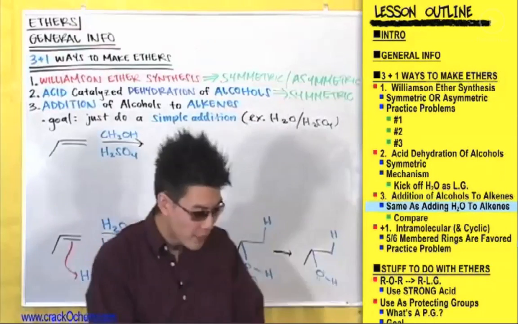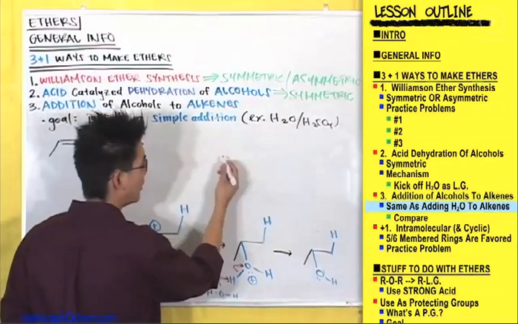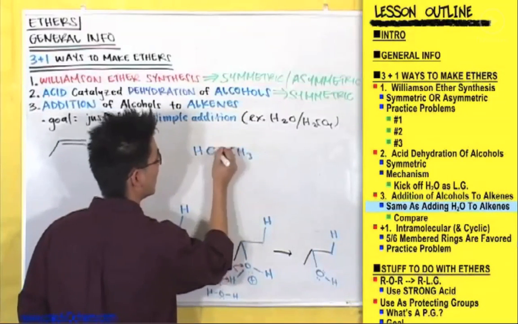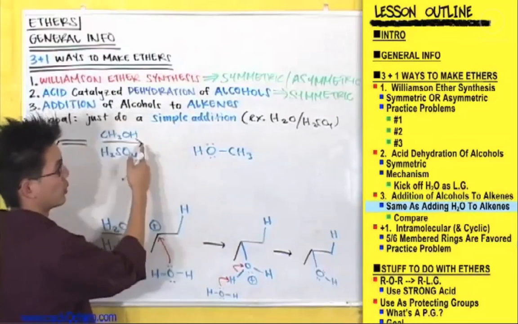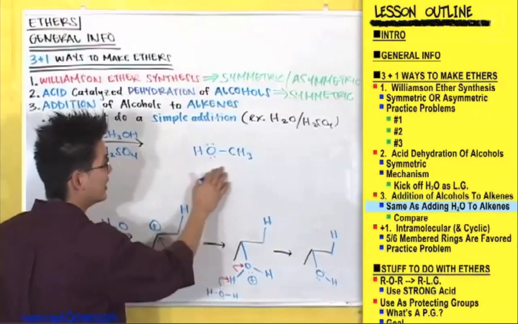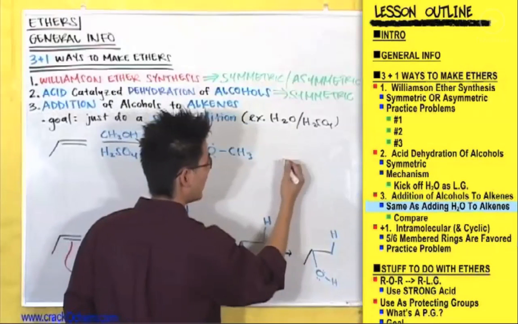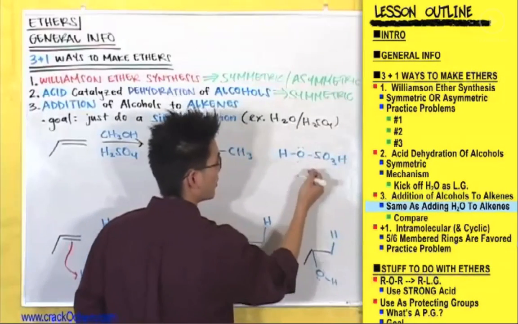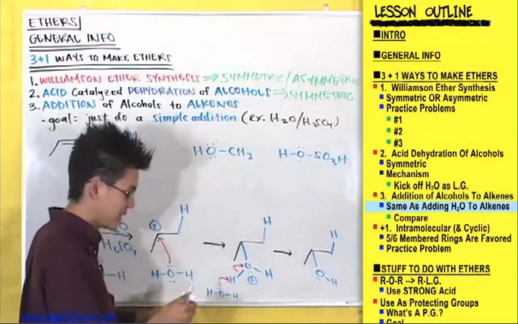Okay, so you don't have to write this down if you don't want to, but how this happens is just how water got protonated. So here's CH3OH. I'm just writing it in the reverse direction and you'll see why in just a second. This methanol gets protonated by our H2SO4, which I'm abbreviating HOSO3H there.